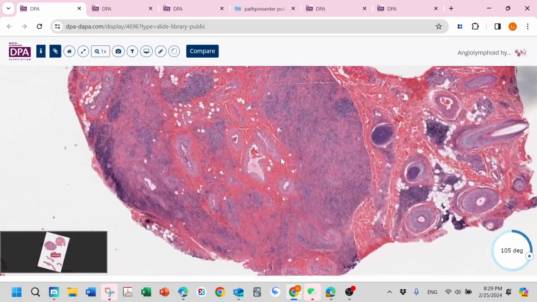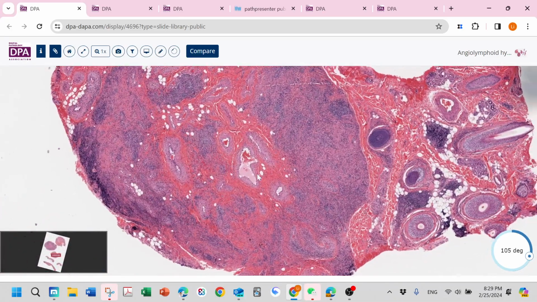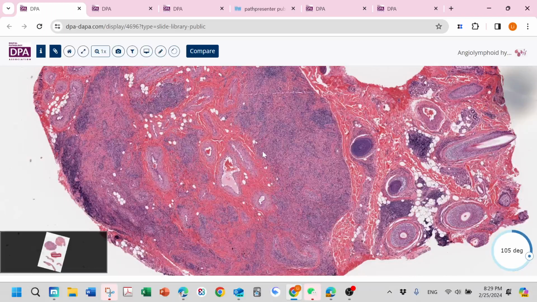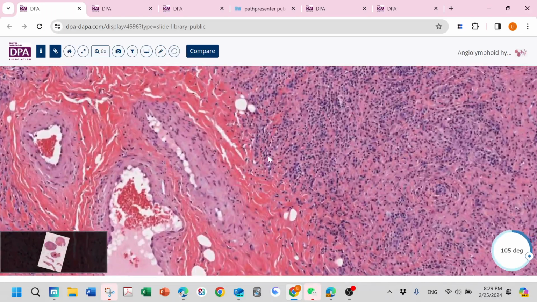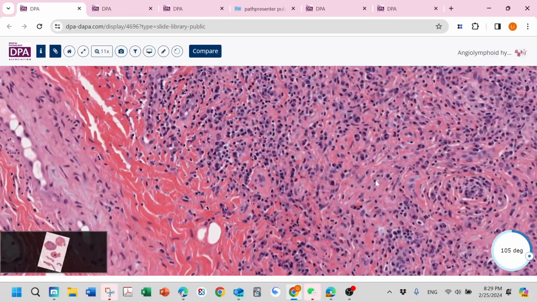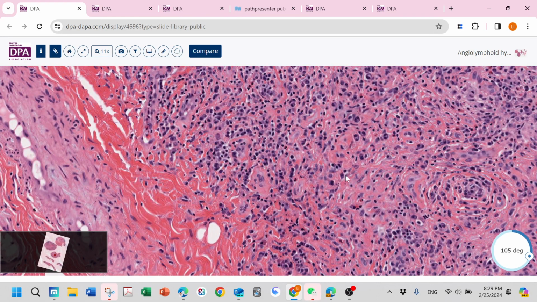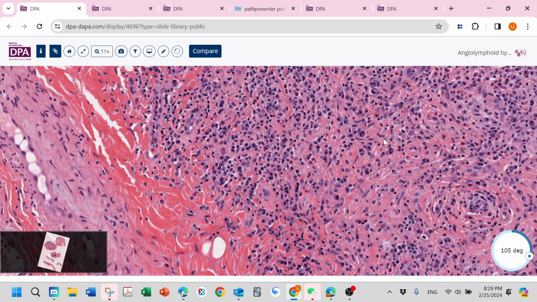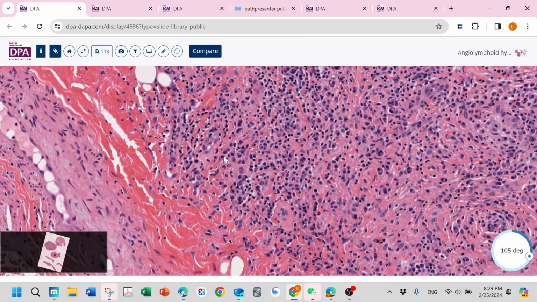In ALHE, you usually also see a big vessel, and around the big vessel, not like pyogenic granuloma, you can see tons of spindle endothelial cell proliferation. But the blood channels are not well formed, because these endothelial cells are poorly differentiated, not mature endothelial cells.